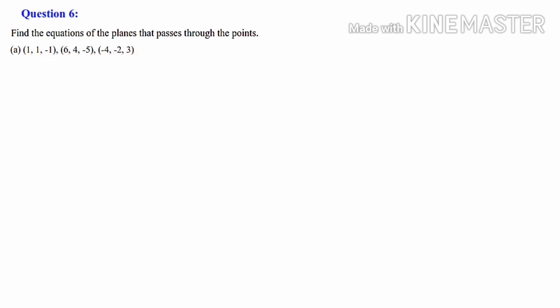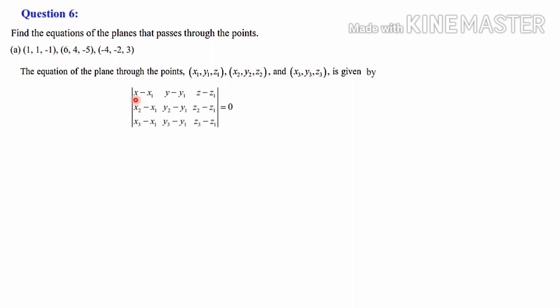Here we have to identify the formula first: the equation of the plane passing through the points (x1, y1, z1), (x2, y2, z2) and (x3, y3, z3) is given by the determinant with rows (x - x1, y - y1, z - z1), (x2 - x1, y2 - y1, z2 - z1), (x3 - x1, y3 - y1, z3 - z1) equal to 0. Provided these three points must be non-collinear, meaning they should not lie on the same line. So first of all, we have to check the collinearity of these three points.